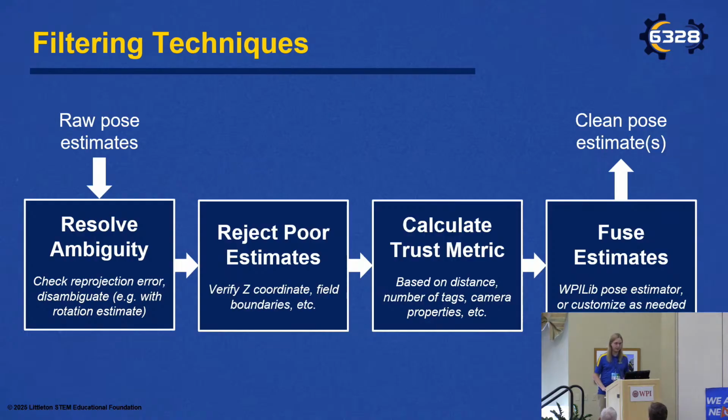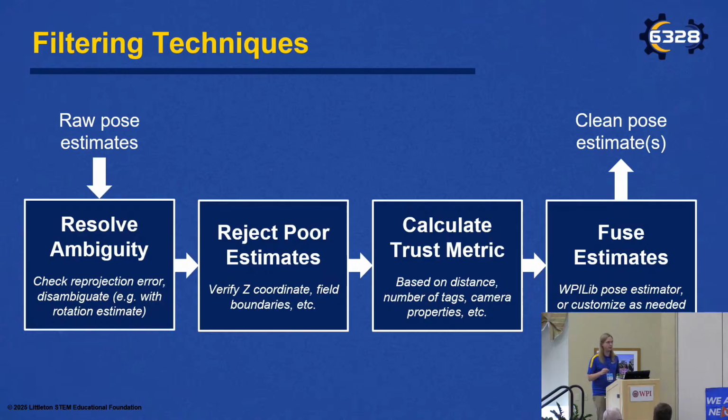Now, the next step, some estimates are just really poor, and they need to be thrown out. We check, for example, that the z coordinate of our estimates is somewhat realistic. We check that we're within the field boundaries, because bad data can really mess up all of your other estimates. Then for each individual estimate we capture, we want to calculate some kind of trust metric for how good that measurement is.